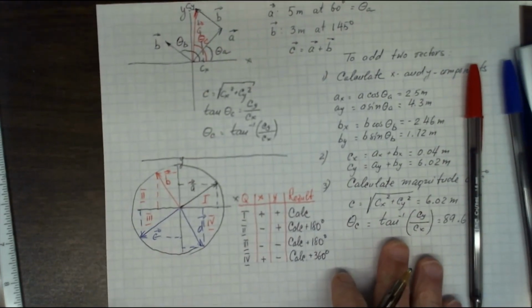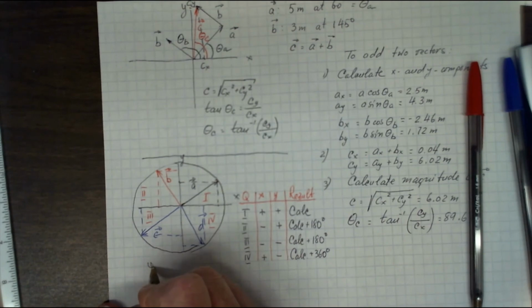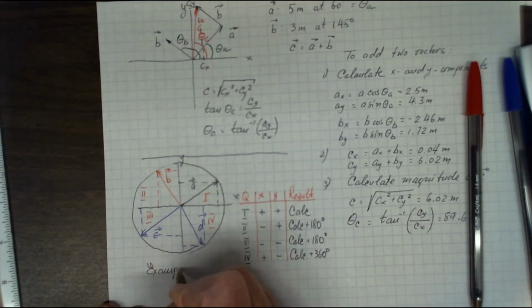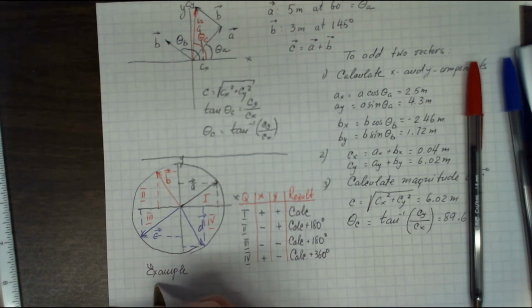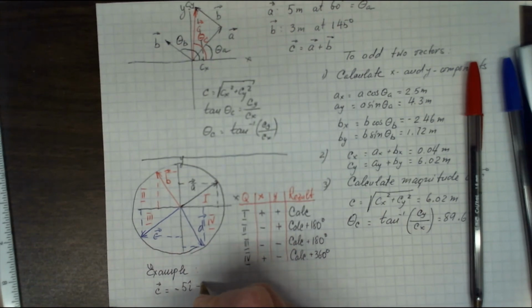So, example. Vector C is given in unit vector component form as negative 5i minus 7j.